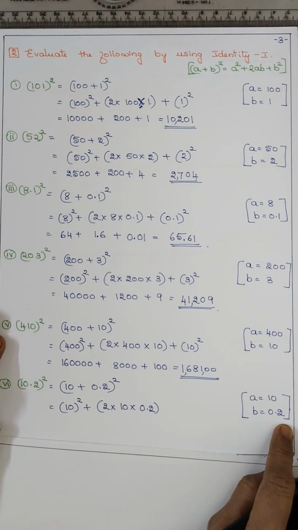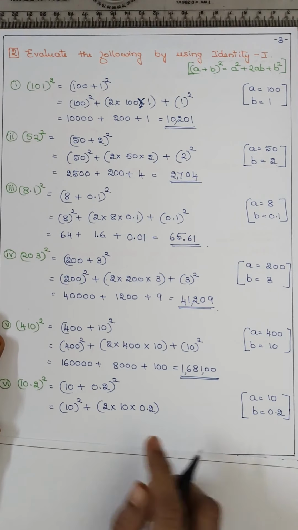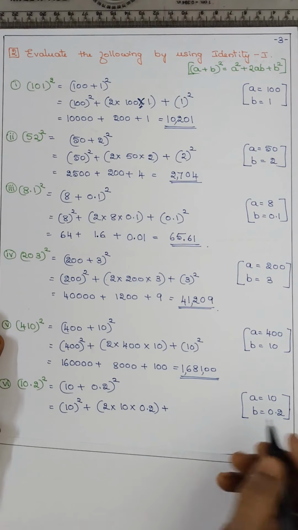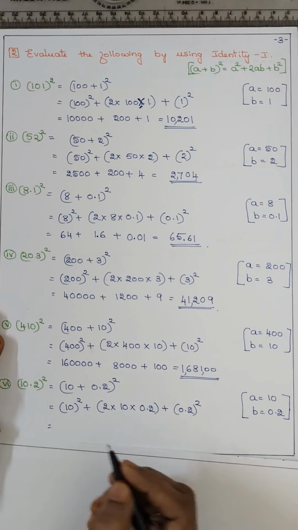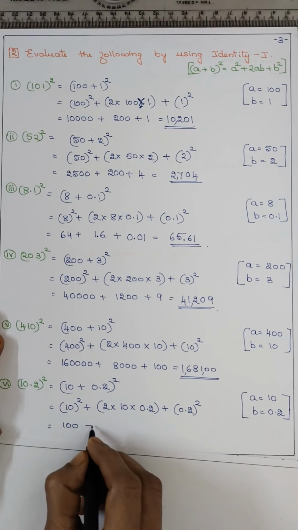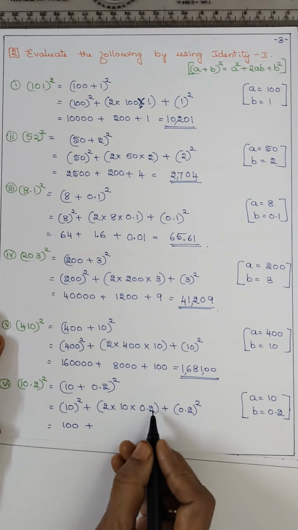That's why we are writing this. It is easy to identify. Then b squared is 0.2 the whole square. 10 square is 100. 2 2s are 4.